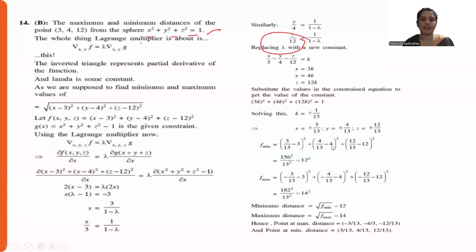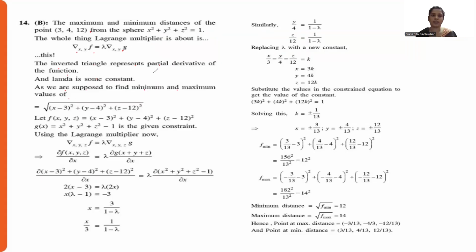If we talk about the maximum and the minimum distance, we calculate it with the Lagrange's multiplier. So we have the gradient of f equal to lambda times the gradient of g. The inverted triangle represents the partial derivative of the function, and lambda is going to be some constant. Now, if we want to find the minimum and the maximum value of what?